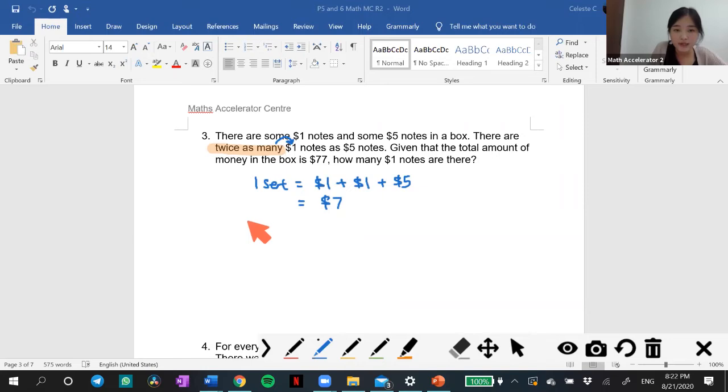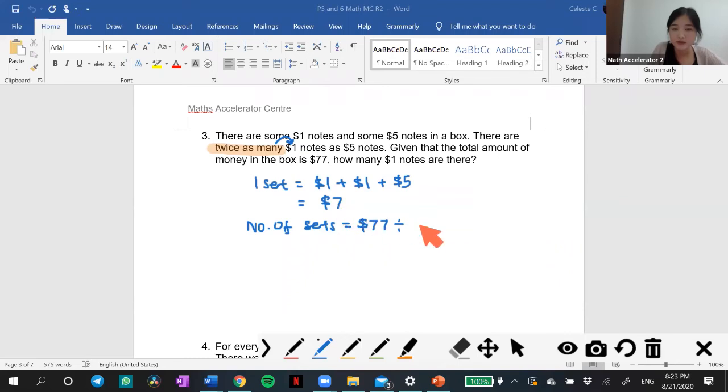Now you have to find the number of sets. Number of sets, you take your total. The total amount of money is $77. All of these $1 notes and $5 notes, you add it up, it'll give you 77.